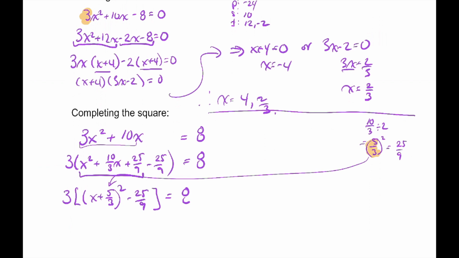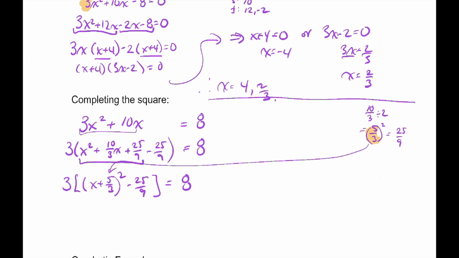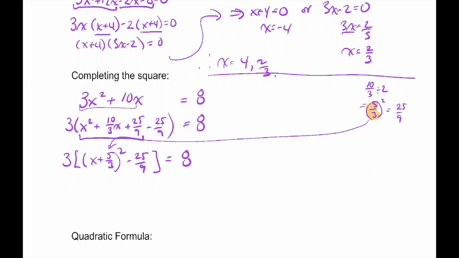And that's equal to 8. Notice that I left the 8 on the right hand side, because eventually we want to have our perfect square trinomial just on the left. Bringing it over to the left, or subtracting it from both sides to make it equal to 0, will actually complicate things. So here I'm going to distribute the 3.